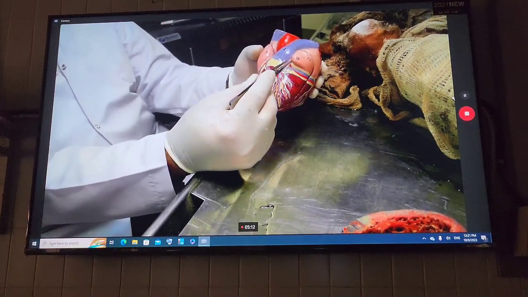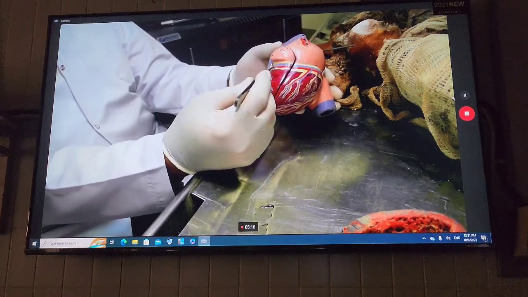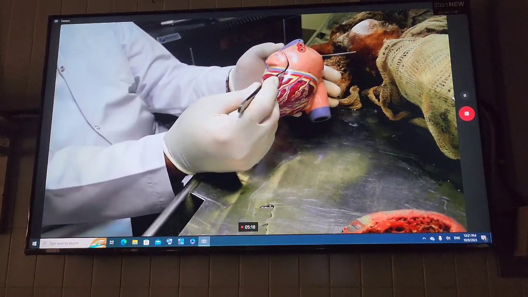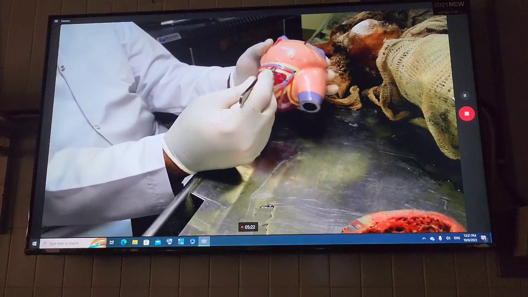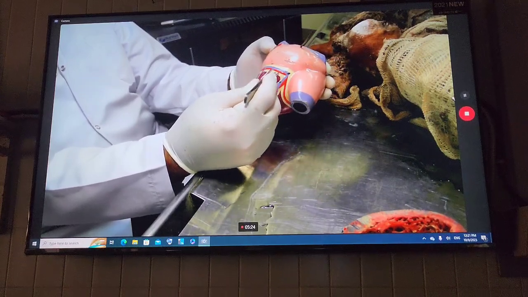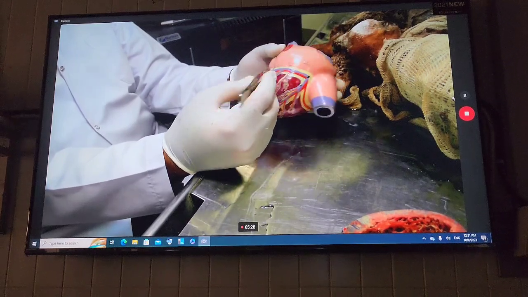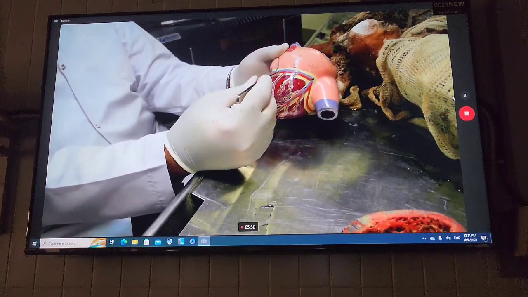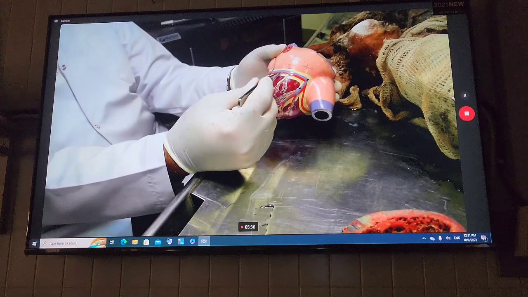And also the short coronary artery will give the circumflex coronary that passes posteriorly in the left posterior coronary sulcus to end in the crux, anastomosing with the distal end of the right coronary. So this is the circumflex coronary branch of the left coronary in the posterior coronary sulcus.